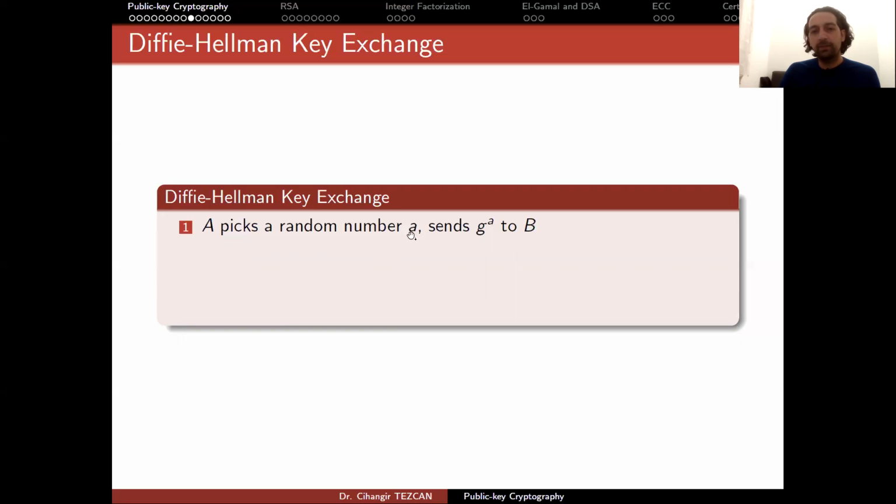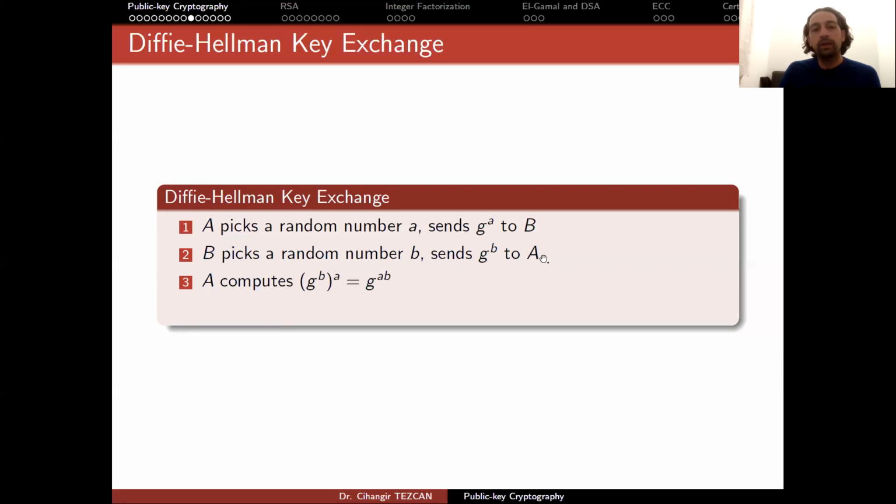A picks a random number, small a, and sends g to the a from A to B. B does the same thing. B chooses a random number b, and then computes g to the b and sends this to A. A computes: since g to the b is received from B, and small a is a random number chosen by A, A can perform this operation and obtain g to the power a times b.